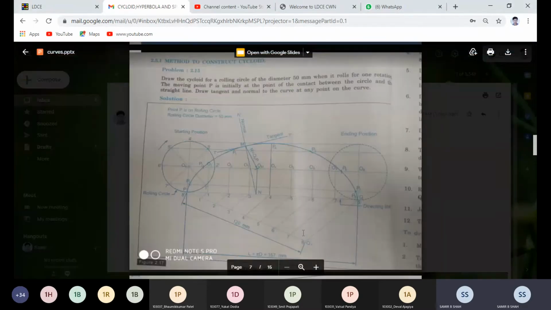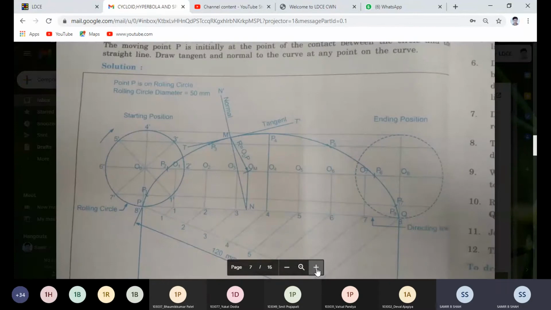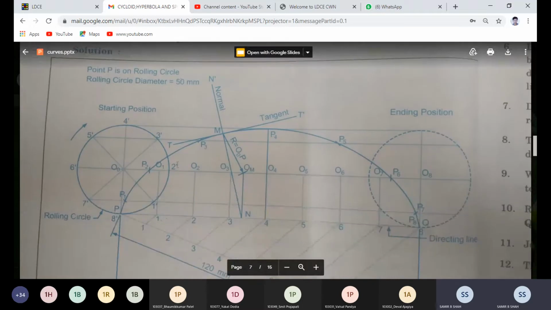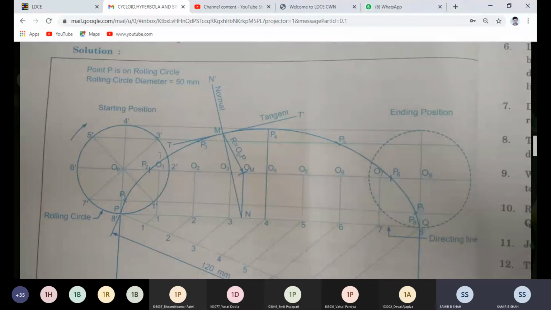I repeat the method very fast. As per the data, 50 mm, so draw one circle of 25 mm radius and convert it into 8 parts. As we know, pi d, the distance of the periphery is covered. So from that end point.